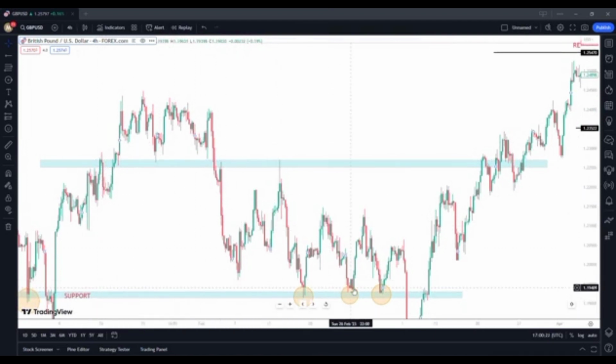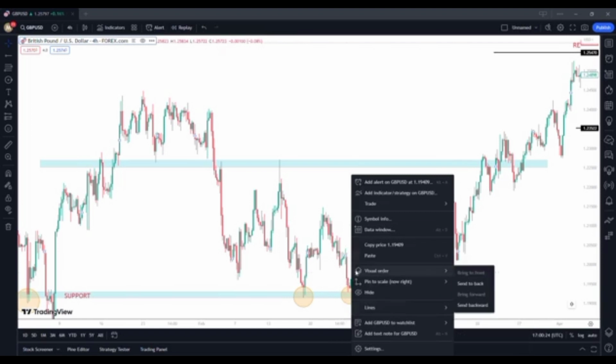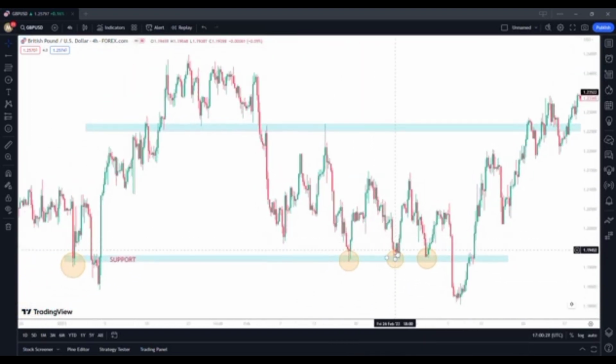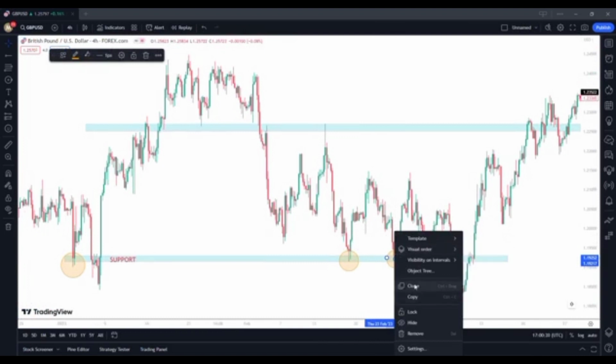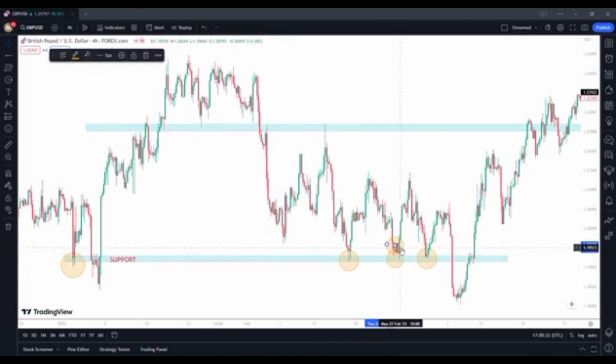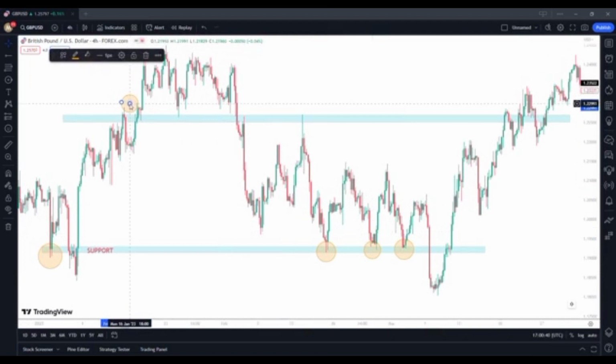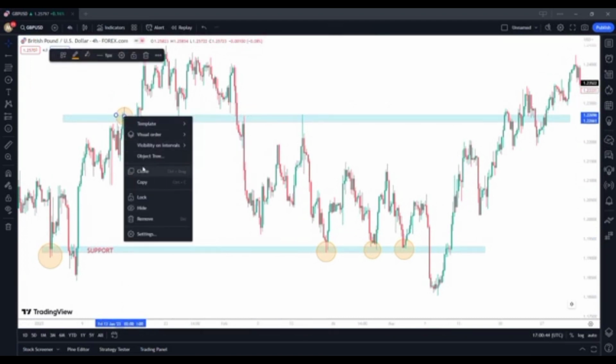Let me clone the resistance also so that we'll get it. I hope we are seeing what we are doing now. Okay, let me pick the points also.